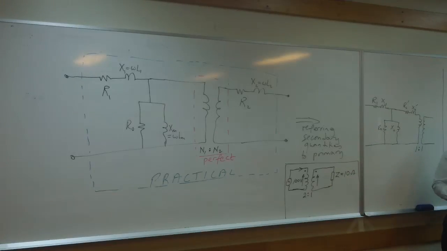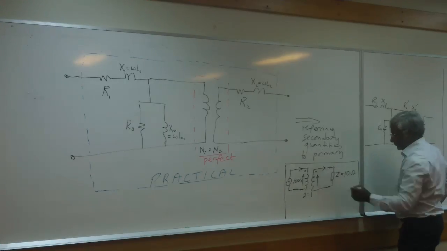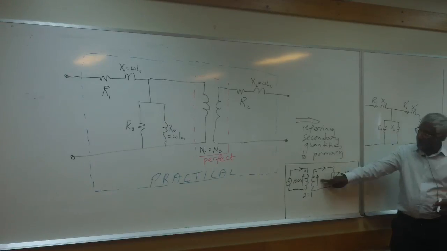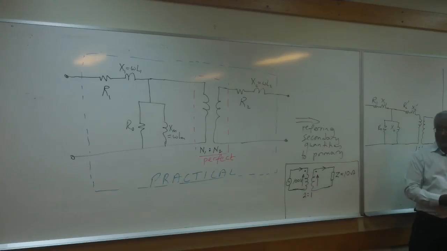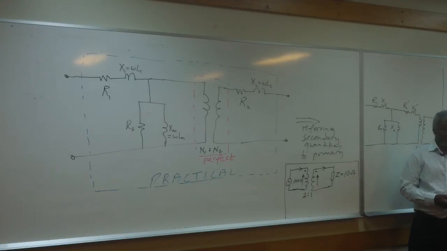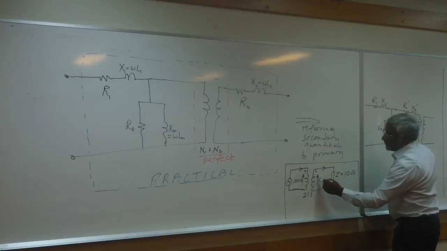Okay, so you do a little exercise to understand what we are doing. If that was the case, then what would this voltage be? This is an ideal transformer. So what would this voltage be? 50. It's obvious it's going to be 50, so that's 50 volts.